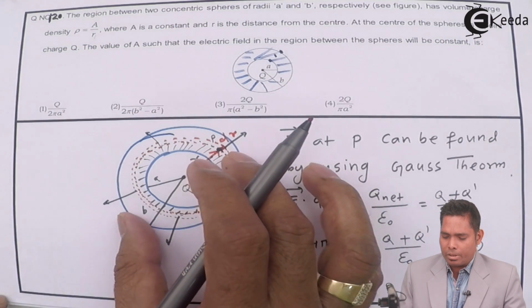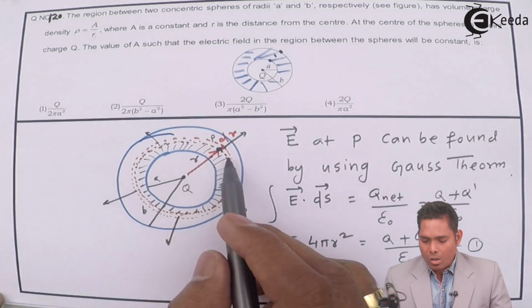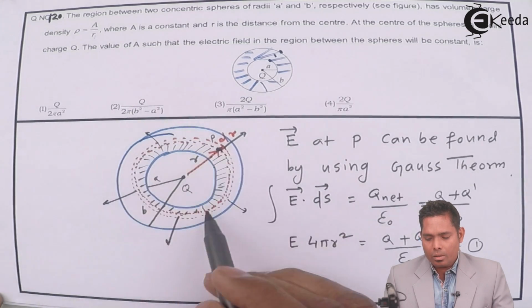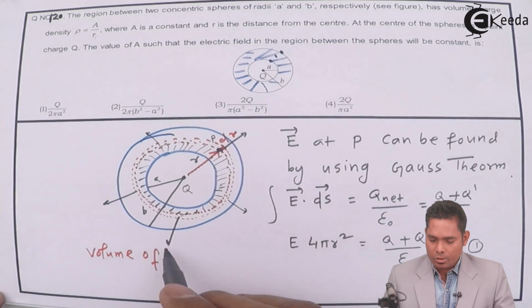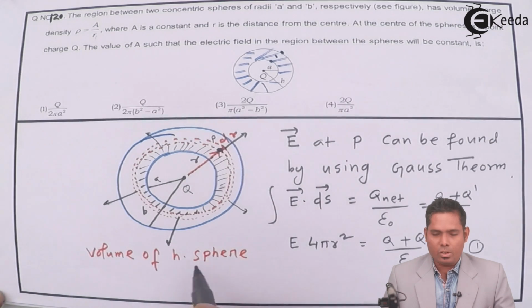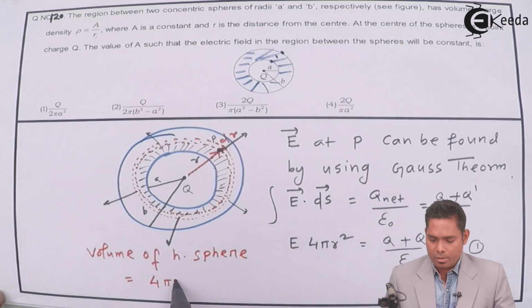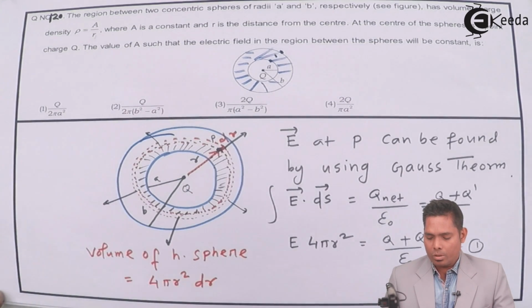So if I bring this here and see how much volume this hollow sphere has, obviously the Gaussian sphere's area is 4 pi r squared and its thickness is dr. So this is the volume.